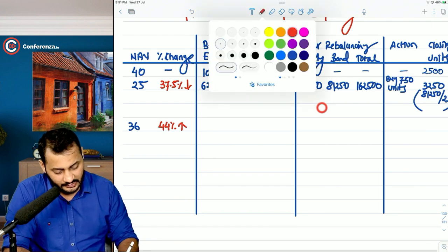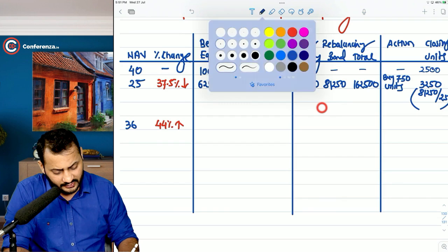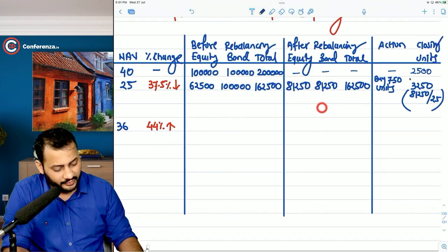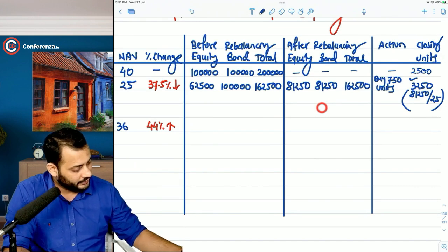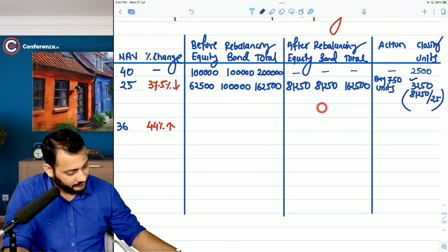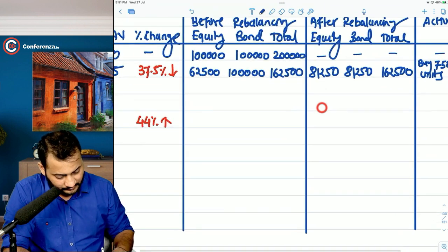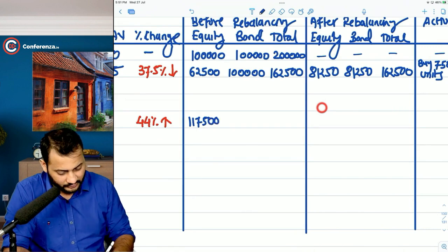Let's go ahead. What will be the equity value now? It's very simple, sir. The closing number of units, that is 3250, and the current NAV. 3250 multiplied by 36. That's 117,000.